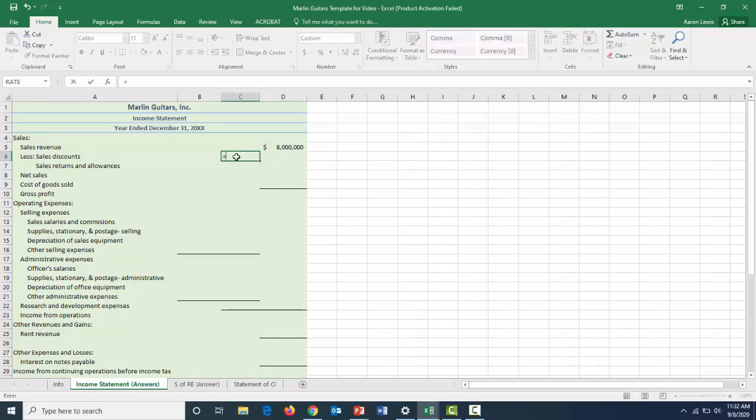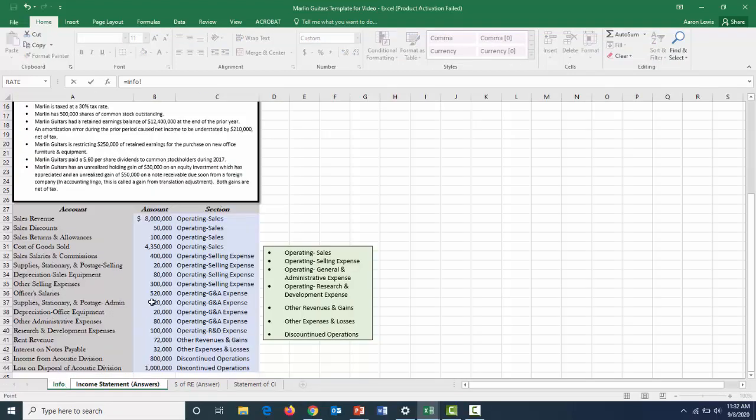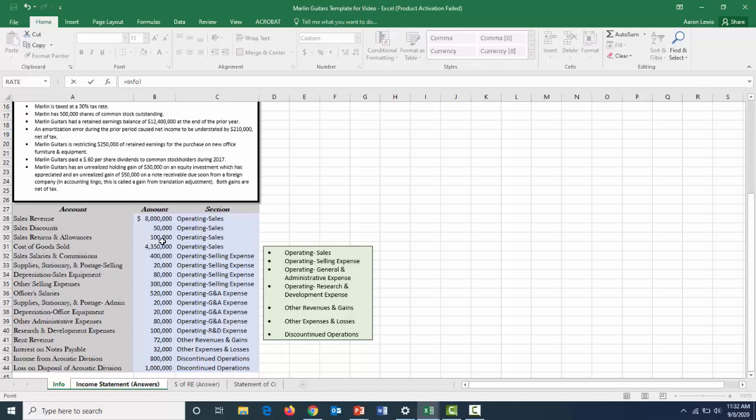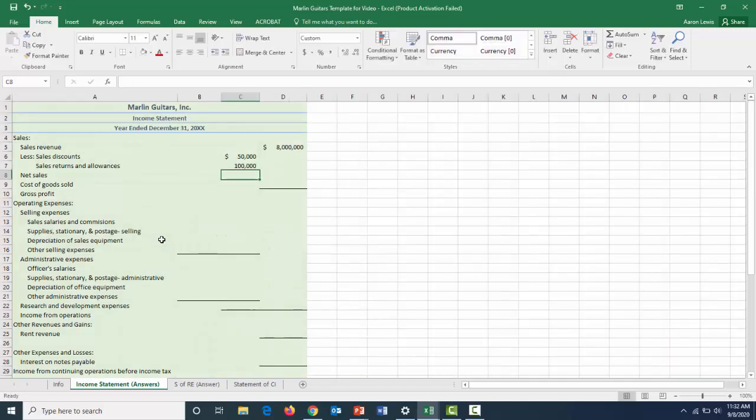So we're going to go to our information, find out what Marlin's sales discounts were during the period, and we see here that their sales discounts were $50,000. Bring that number over. And we're also going to find the company's sales returns and allowances in our information. Again, that was $100,000.